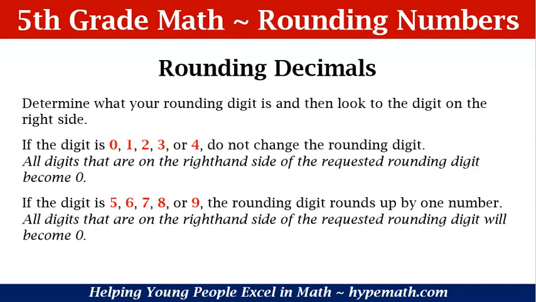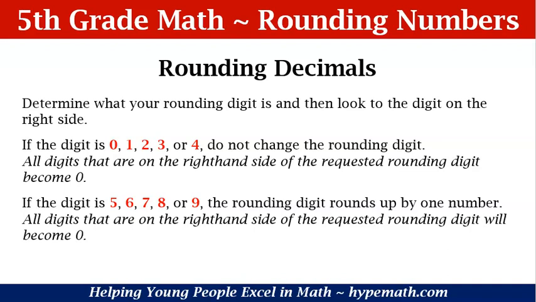All the digits on the right-hand side of the requested rounding digit become 0. However, if the digit is 5, 6, 7, 8, or 9, the rounding digit rounds up by one number. All the digits on the right-hand side of the requested rounding digit will become 0.